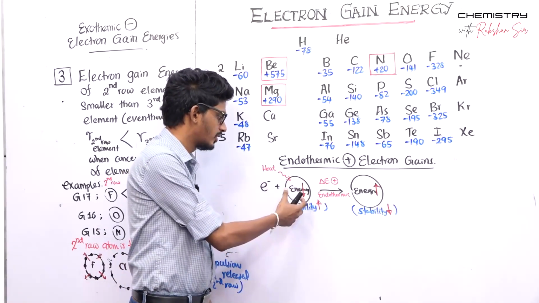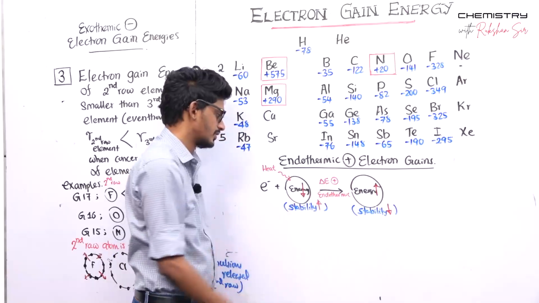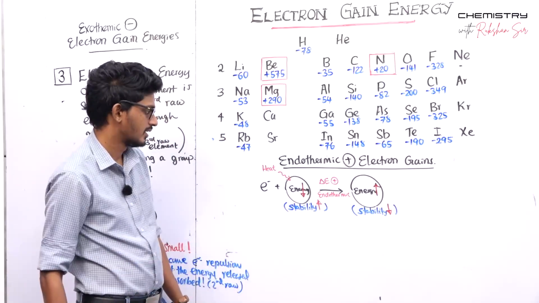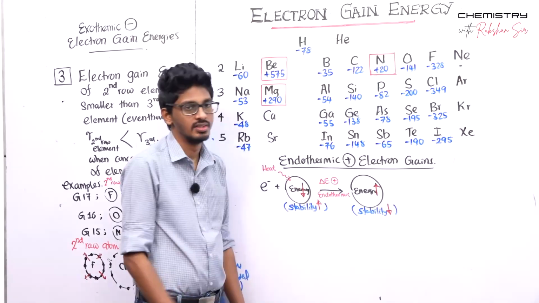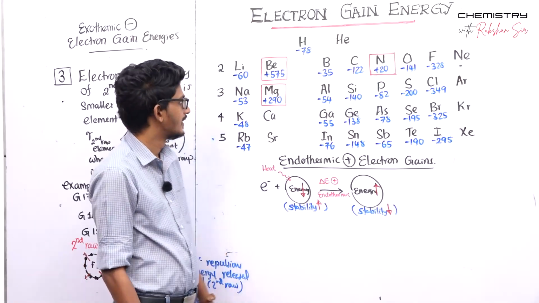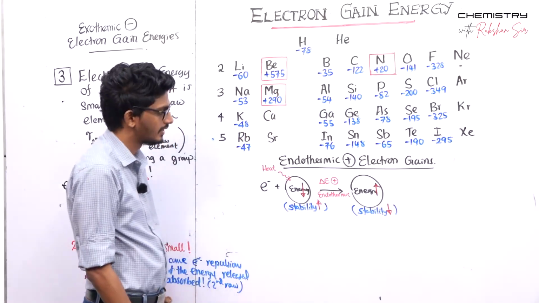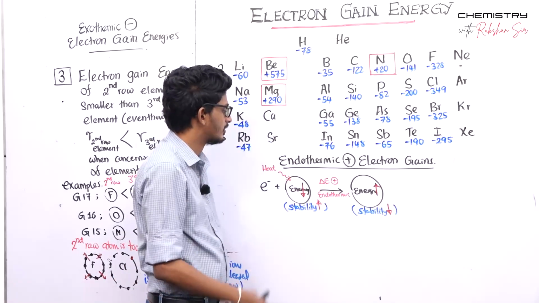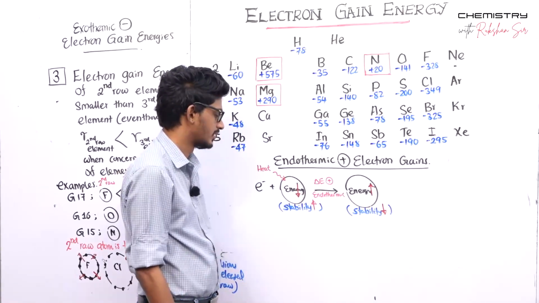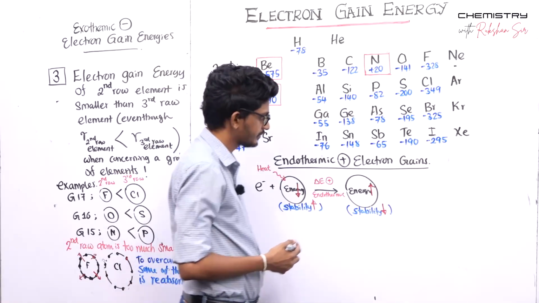By adding an electron, you lose that stable configuration. In such an occasion, you would observe this kind of positive values appearing with the first electron gain. Let's see the examples. Only three are there with first electron gain as endothermic.